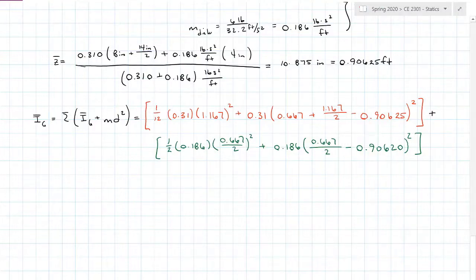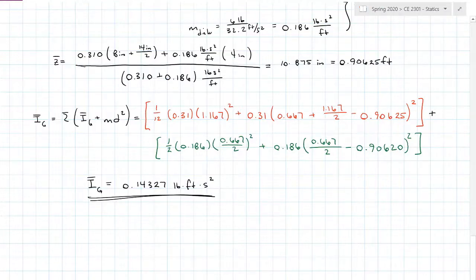Solving my math, I have the centroidal mass moment of inertia is 0.14327 pound-feet second squared.